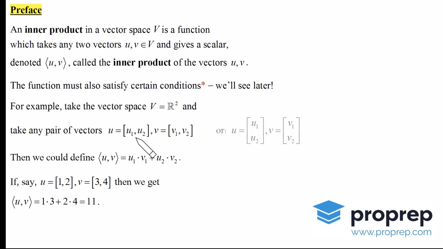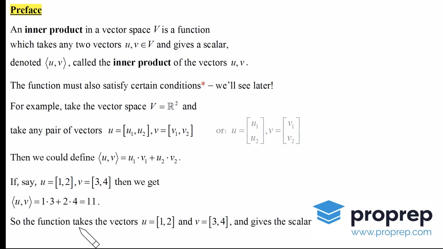To get very specific, let's say that u was 1, 2 and v was 3, 4, then the inner product of u and v is 1 times 3 plus 2 times 4, which is 11 with this definition of the inner product. So our function takes two vectors and gives out a scalar. These two vectors are the input, a scalar is the output.